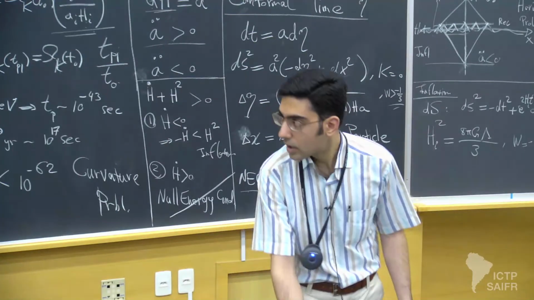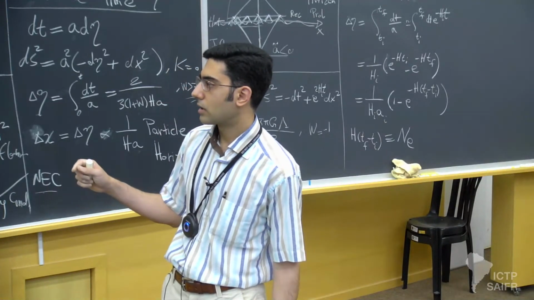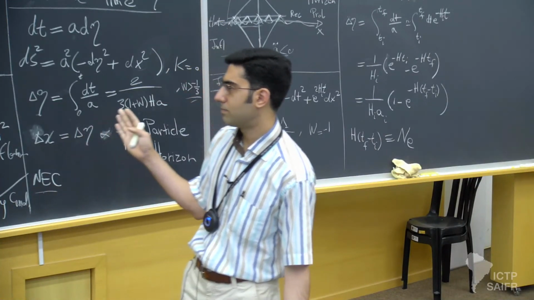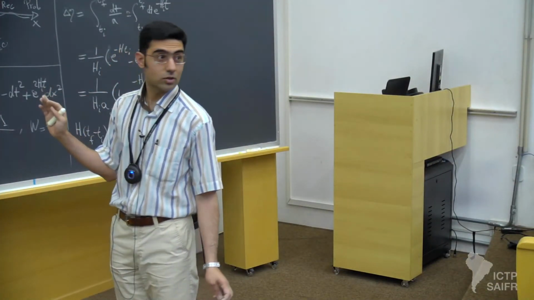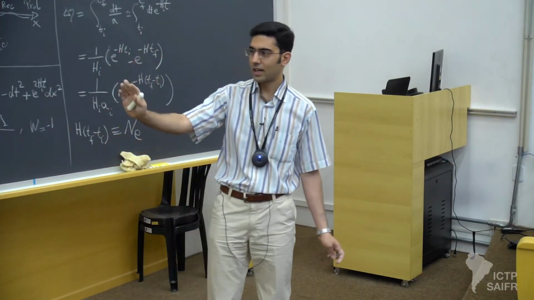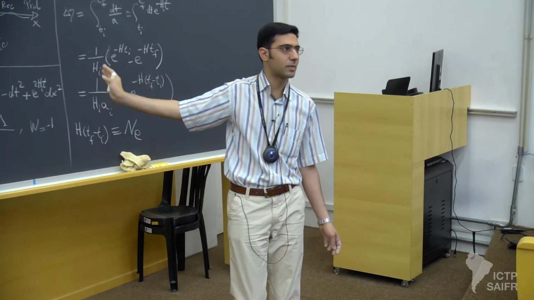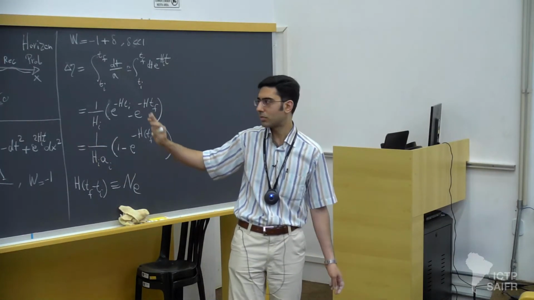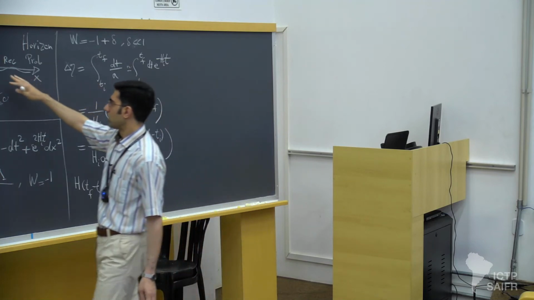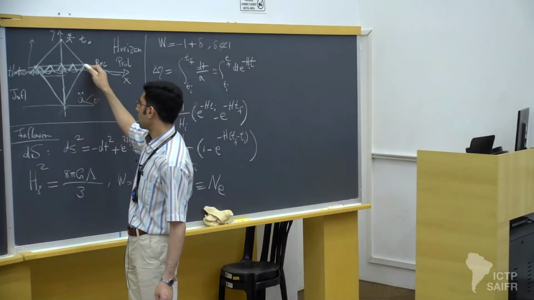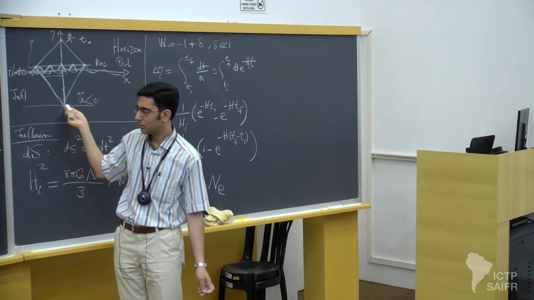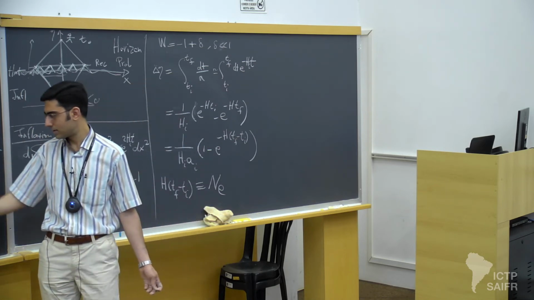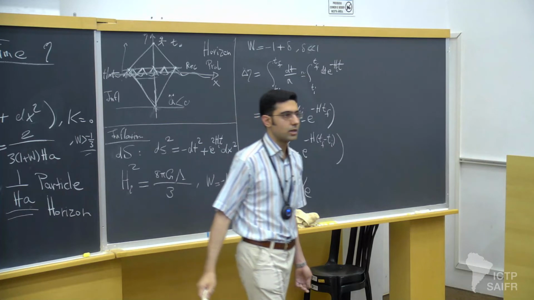All right, so I guess I have hopefully convinced you that this exponential expansion solves the curvature problem, and also solves the horizon problem, because both of those are talking about the same quantity.